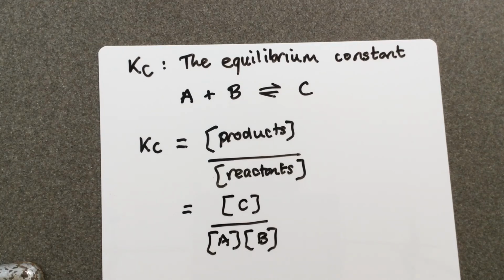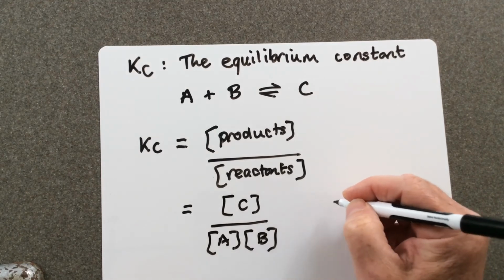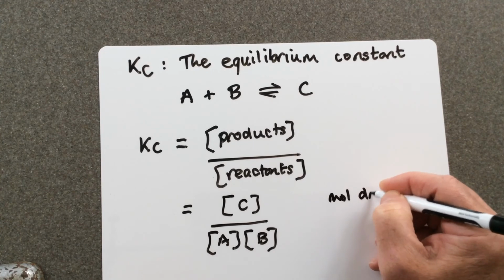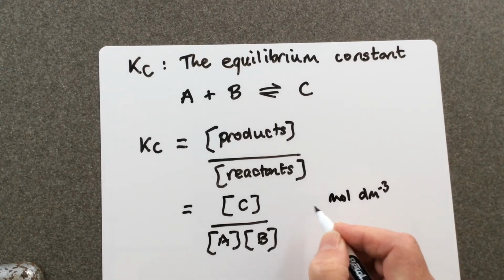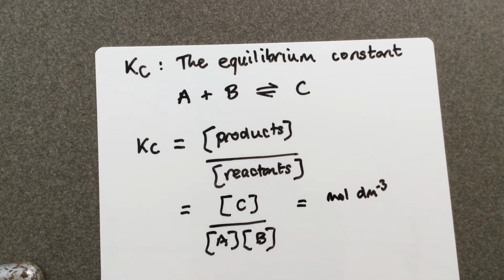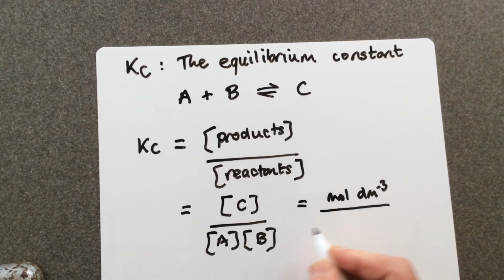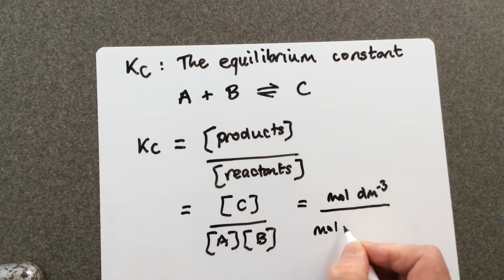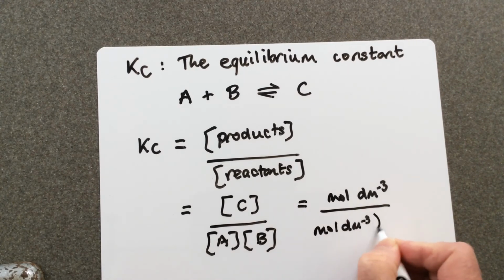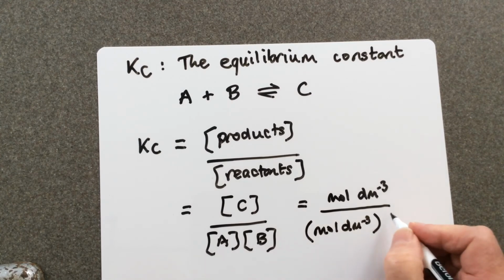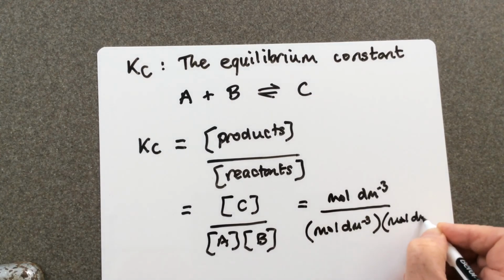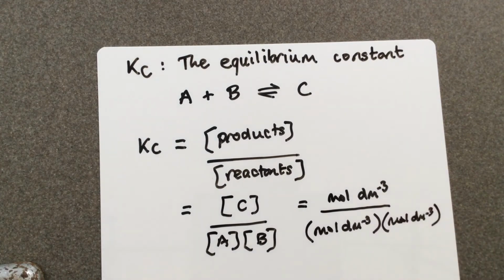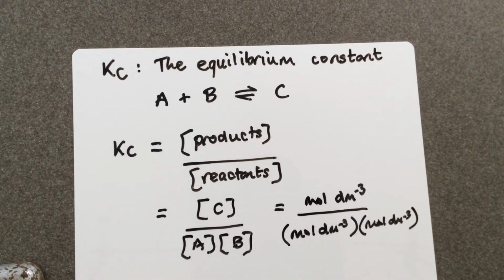If you think about concentration, concentration is measured in moles per decimetre cubed. So let's think about the units. C is measured in moles per decimetre cubed. A is also measured in moles per decimetre cubed. B is also measured in moles per decimetre cubed. So Kc does, in this case, have units.